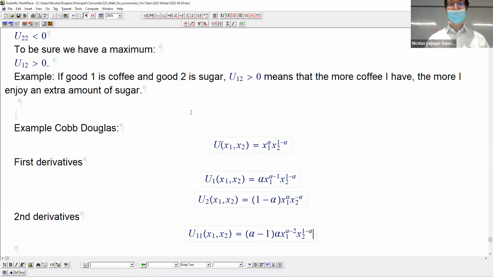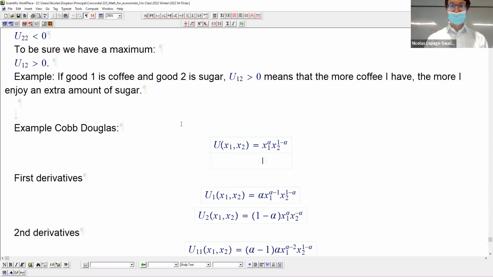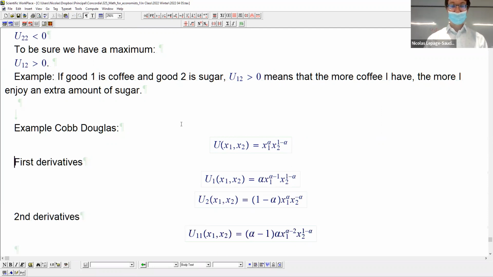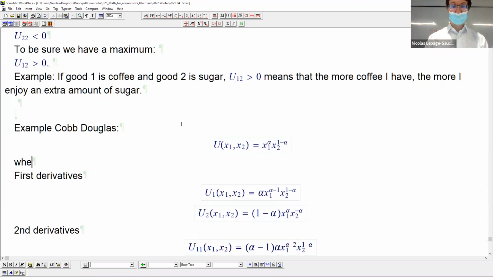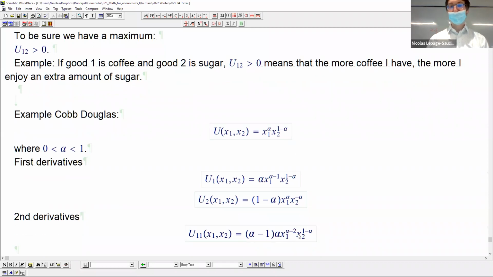Oh yeah, I didn't tell you, by the way. This is important. Alpha is between 0 and 1. Okay, so is this positive or negative? First of all, is this positive or negative? Positive. Is this positive or negative?